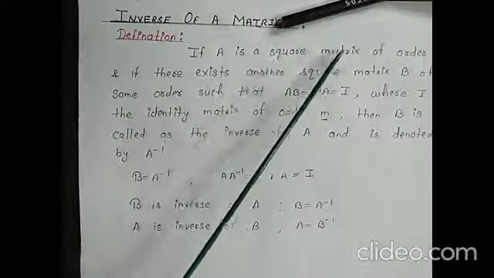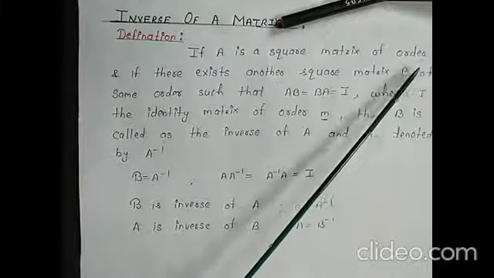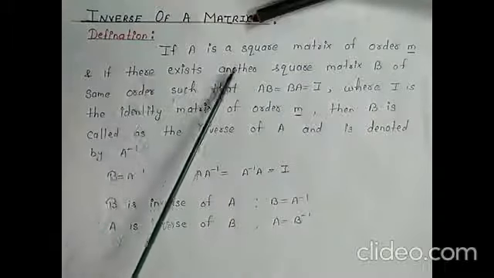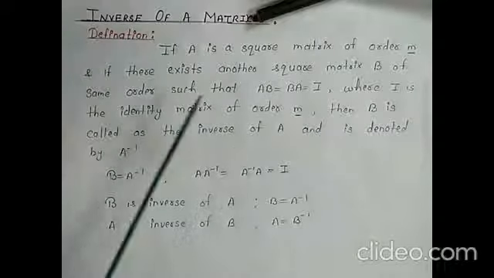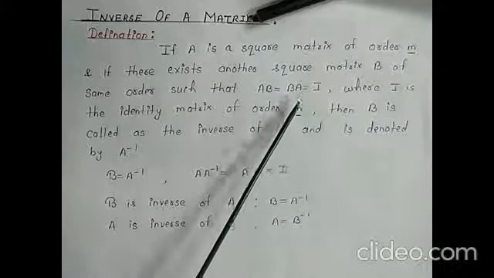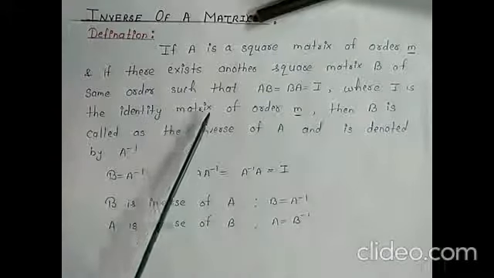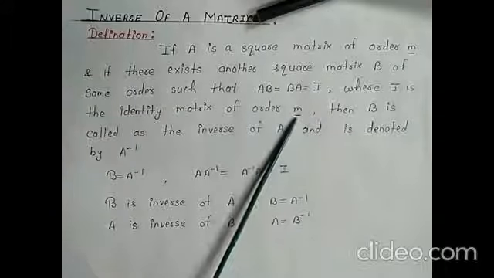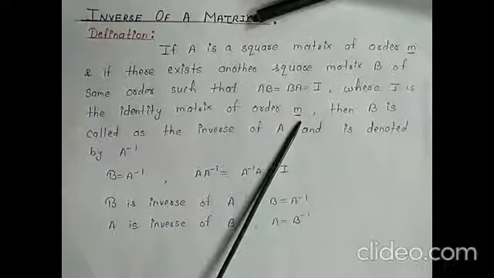If A is a square matrix of order M, and if there exists another square matrix B of the same order, that is, its order is also M, such that AB equals BA, and that is equal to I, where I is the identity matrix of order M. Again, the order of matrix I is also the same, that is M only.